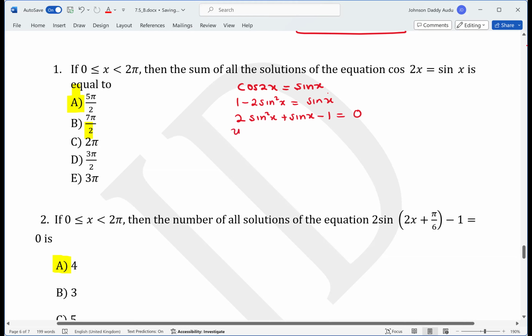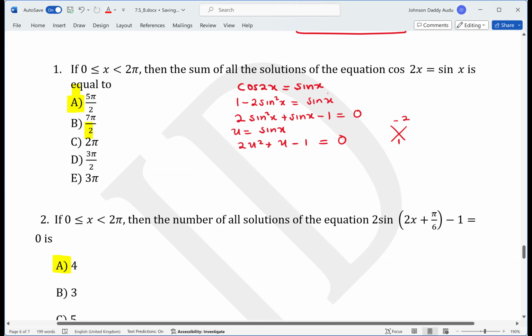And then we can make a substitution of u is equals to sine x, so that we can have 2u squared plus u minus 1 equals to 0, right? And now this is going to be minus 2 and 1. So what can we do?